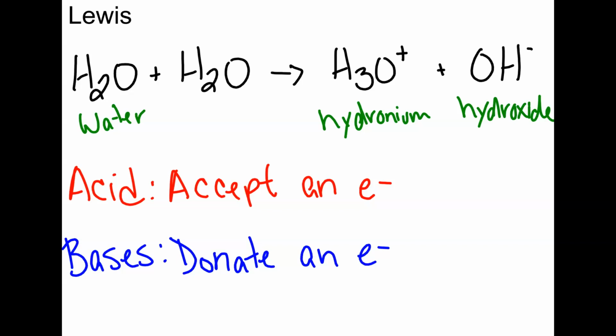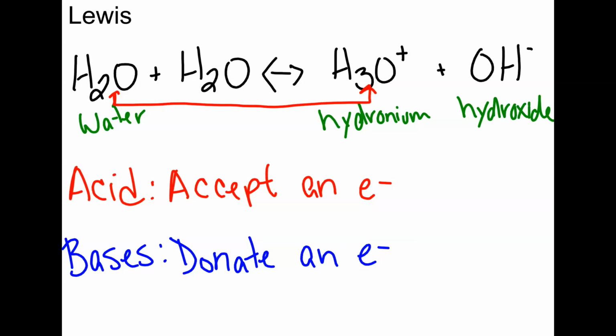So that means that this is a reversible reaction. So in the forward of this reaction, if this water molecule here took on an H plus, accepted an H plus, is it acting as an acid or a base?